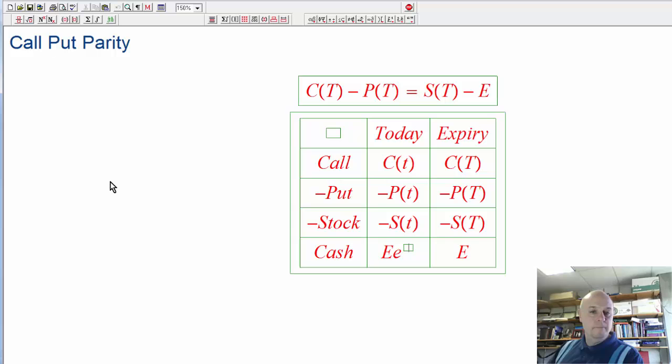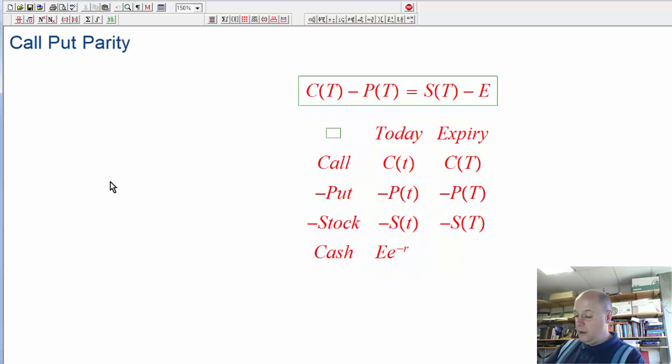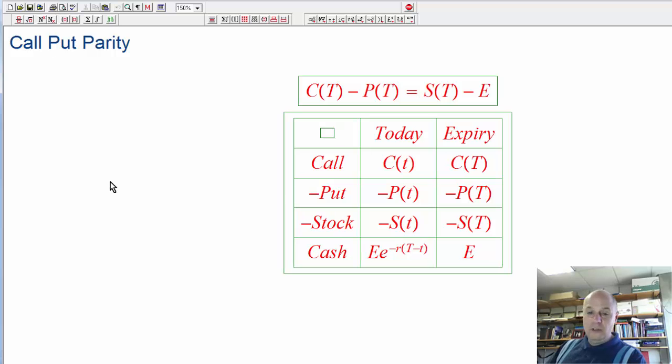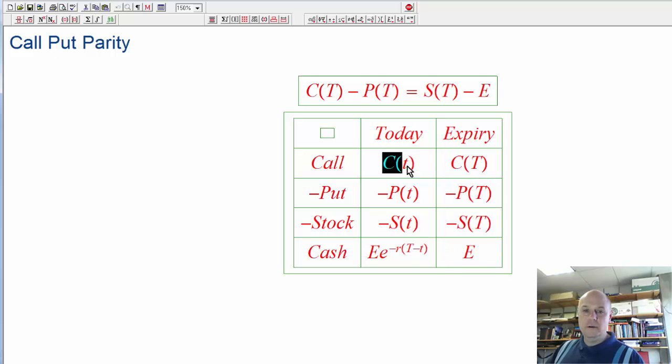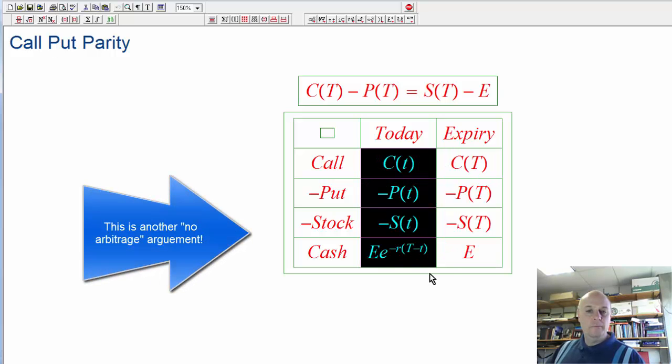I'm going to use the minus R times capital T minus little t, that's the time that this E can grow into E. So this amount of cash at the risk-free rate grows into E. So I'm backdating time value of money. So if at expiry those 4 components of my portfolio sum up to 0, then at any time before that, monotonicity theorem, these 3 sum up to 0.